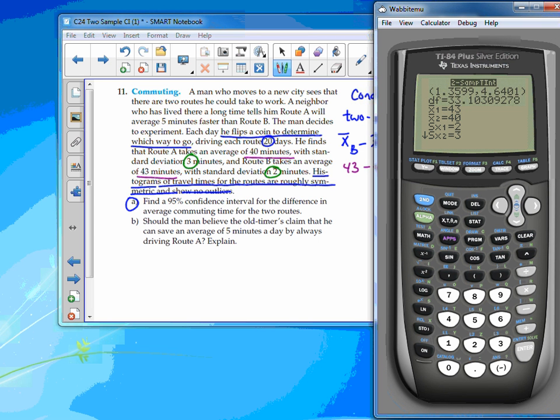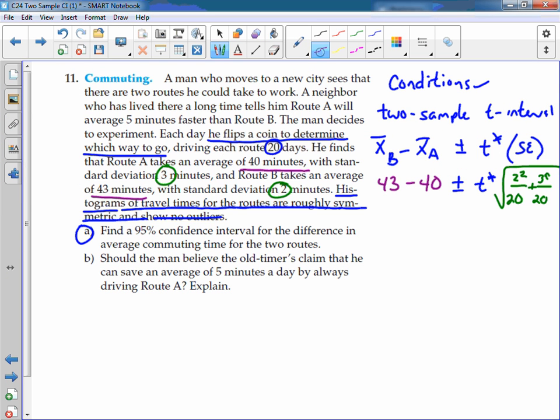So I know the interval is from 1.36-ish to 4.64-ish, and the degrees of freedom are approximately 33. Okay? So I had to do my calculator. There was no way otherwise to do it.